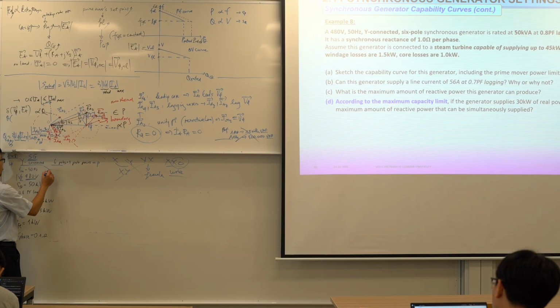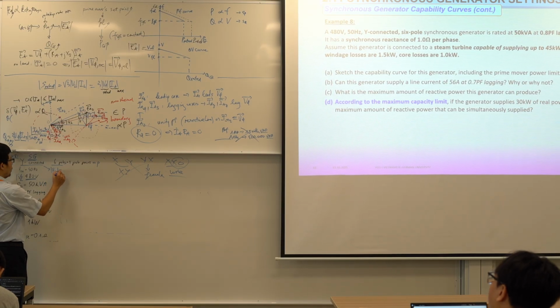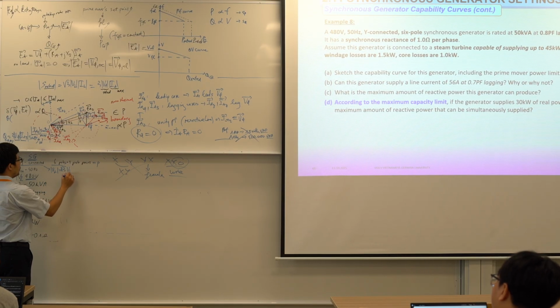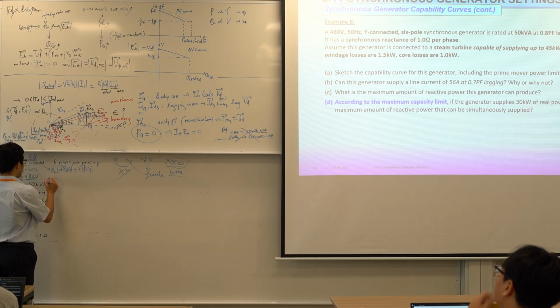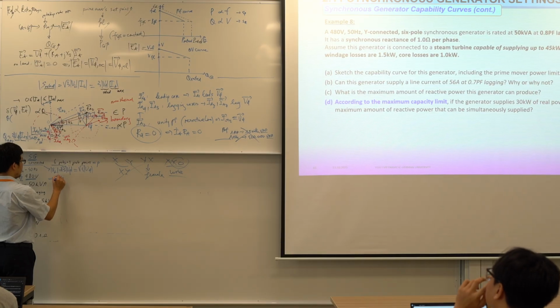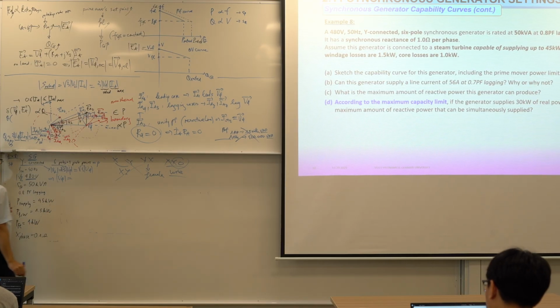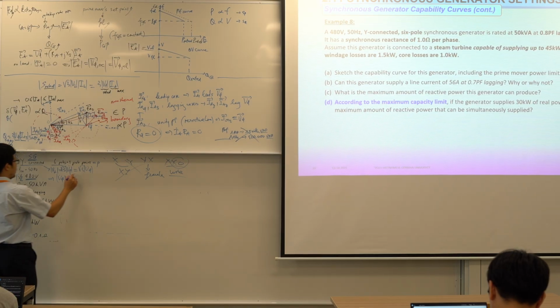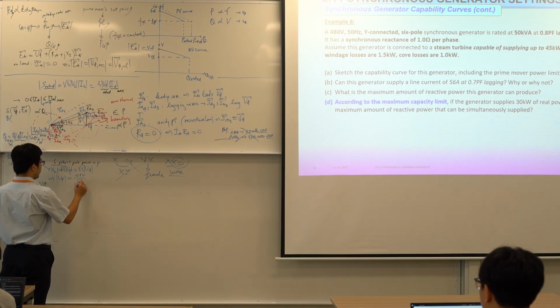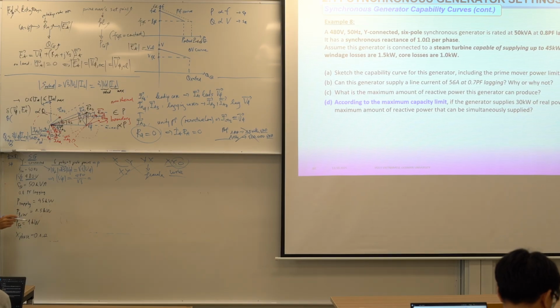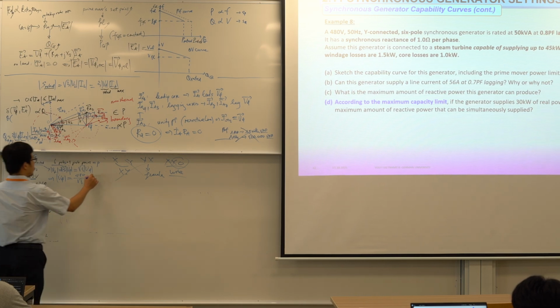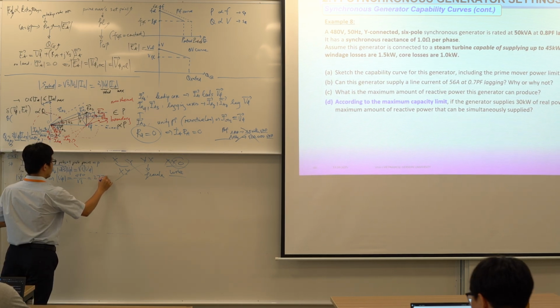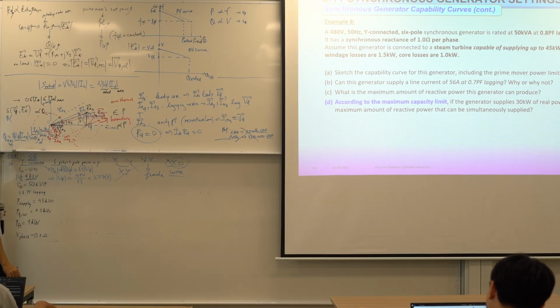And now because it is Y connected, VL equals root 3 times V phase. So we need to calculate V phase directly from this information. We have 480 over the root of 3, which is 277.